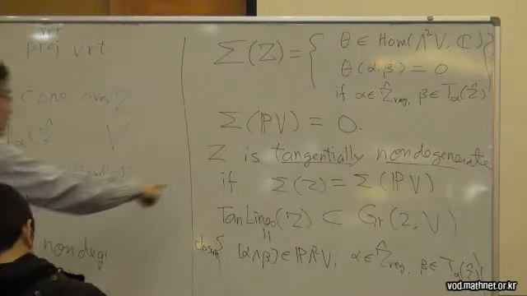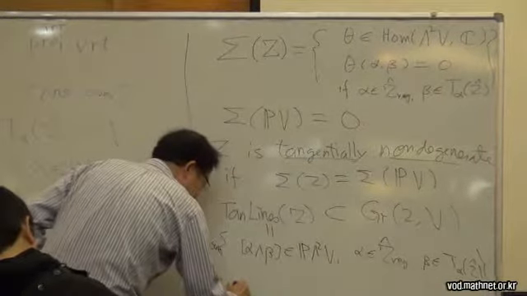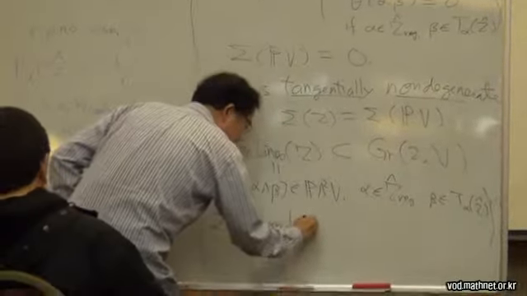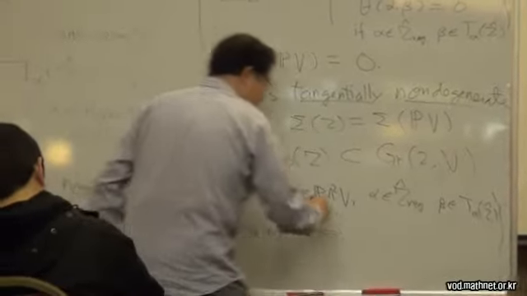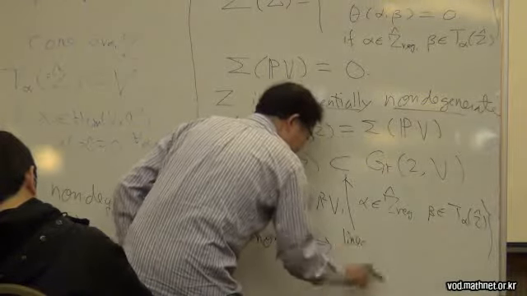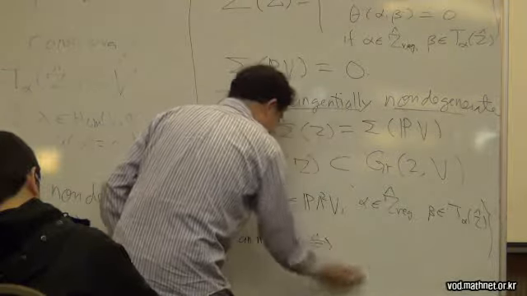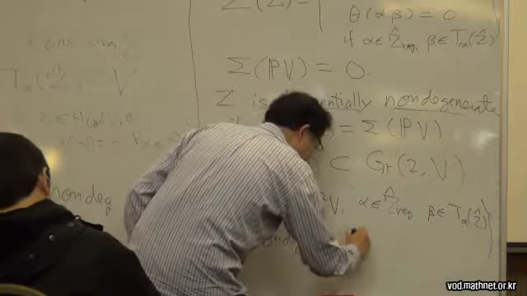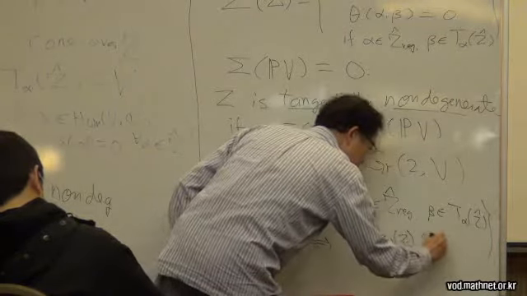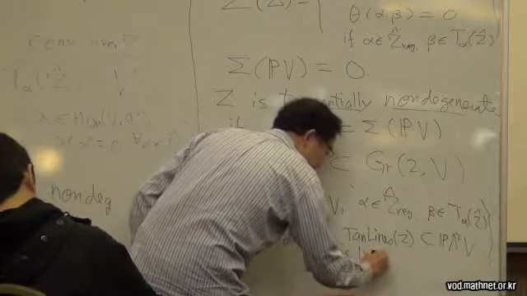Okay. And then if Z is tangentially non-degenerate, let me write it this way, it means that these tangent lines are linearly non-degenerate.